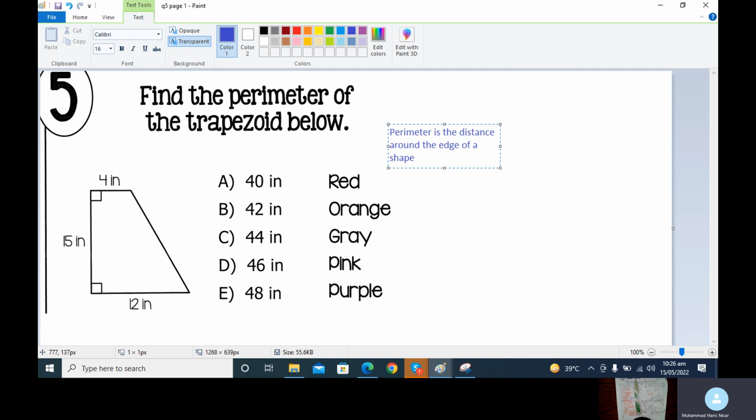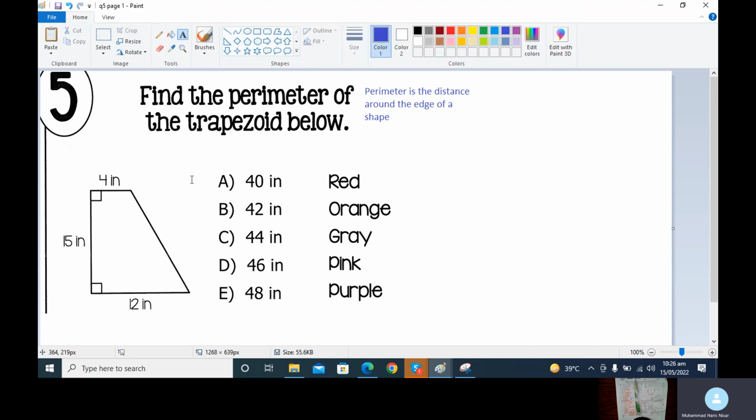This is a simple definition of perimeter. Clear? Perimeter is the distance around the edge of a shape. So this is a shape, and the perimeter will be from this to this one. Perimeter is the exterior measure, and area is the interior measure.